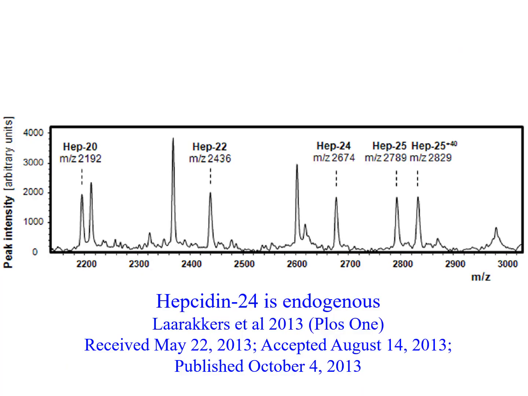Now, in 2013 there were some very interesting advances when the Swinkels group in the Netherlands established that Hepcidin 24 was in fact an endogenous form of hepcidin. Typically Hepcidin 24 was present at much lower levels, but they, like some other groups, had been using Hepcidin 24 as an internal standard, and they then had to develop an alternative internal standard.